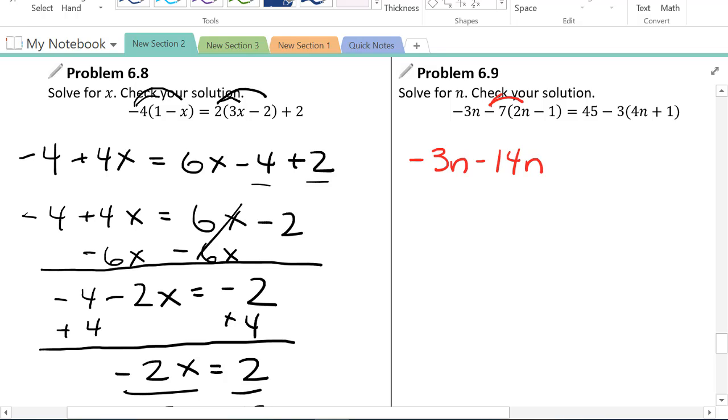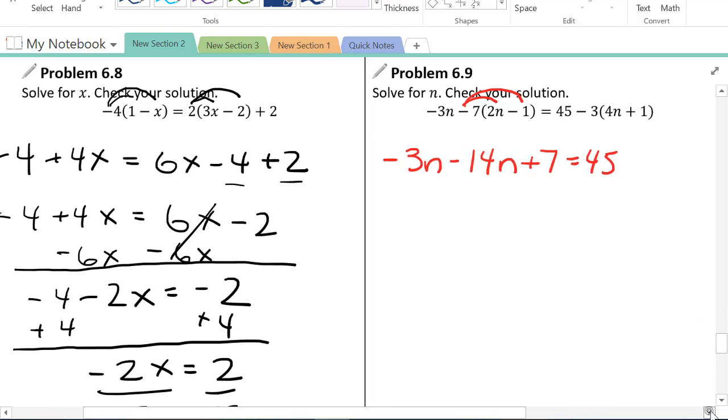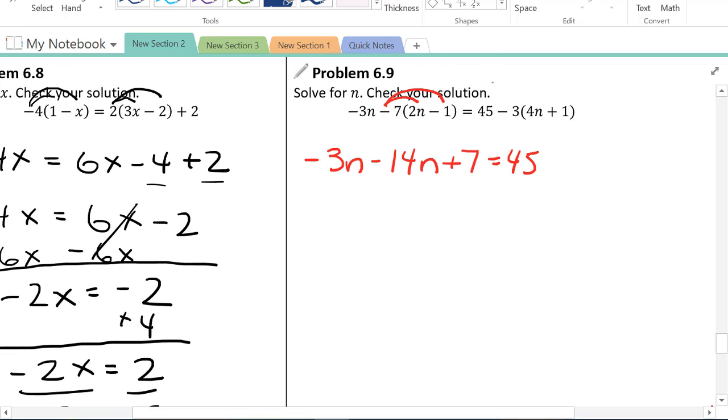Negative 7 times negative 1 is a positive 7 equals 45. And we're going to distribute the negative 3, right? Remember, always carry the sign in the front. So it's negative 3 times 4n, which is a negative 12n. And then it's going to be negative 3 times positive 1, which is a negative 3.